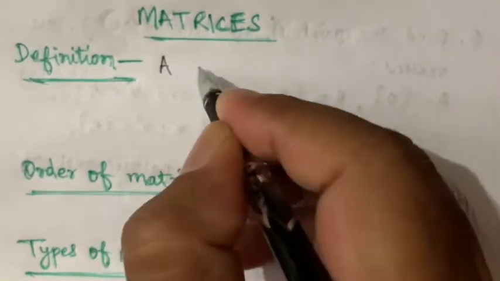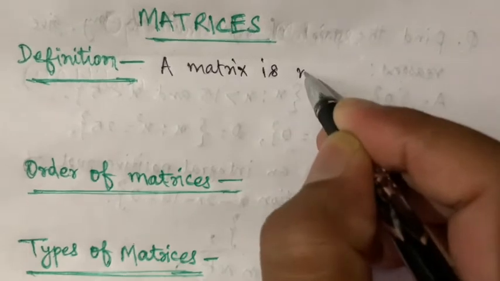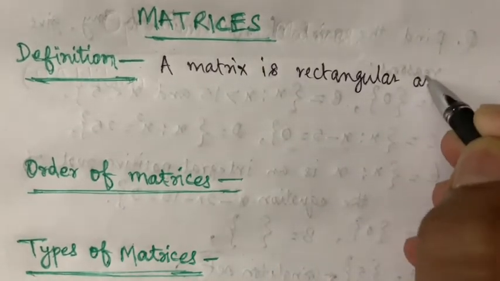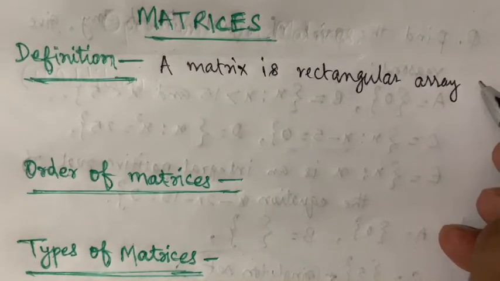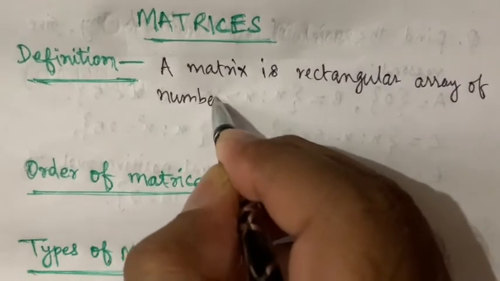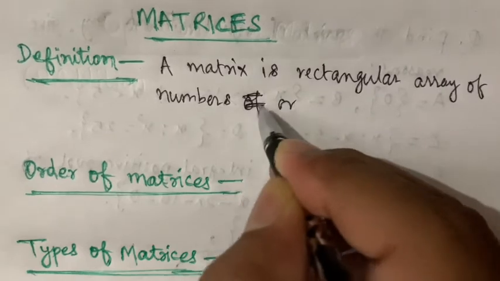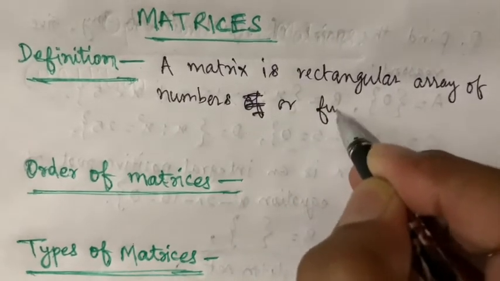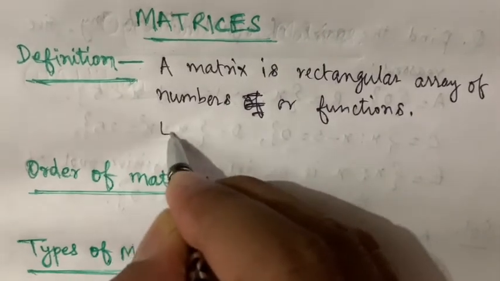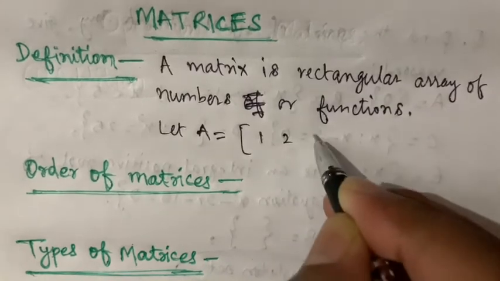A matrix is a rectangular array of numbers or functions. Let A is equal to 1, 2, 3.